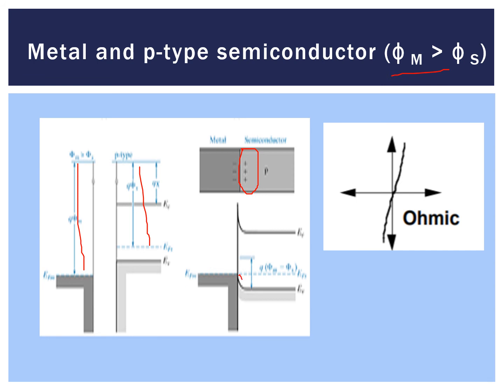You can see the bands are bending up here, and since it is a p-type semiconductor, the valence band and Fermi level are at the same point at the junction, and therefore you will find the majority carriers here. For these two specific combinations, n-type semiconductor with phi m less than phi s, and p-type semiconductor with phi m greater than phi s, you will always end up with ohmic contacts.